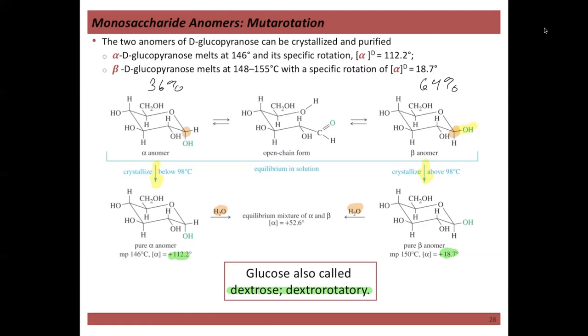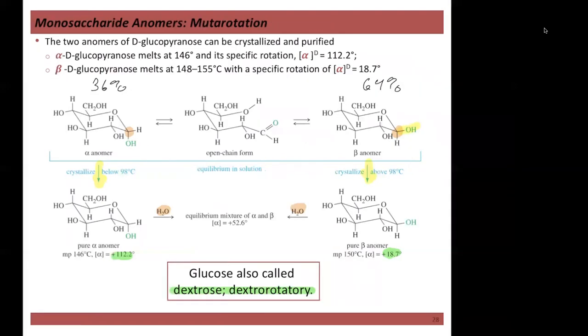So you could imagine a medical professional saying, hey, this person needs some nutrition. Get them a mixture of 64% beta anomer glucose, or glucose in the pyranose form, and 36% alpha glucopyranose. Very confusing, just easier to say get dextrose.